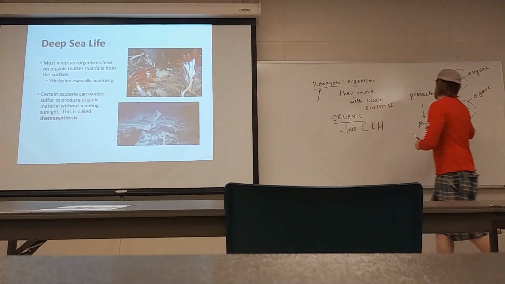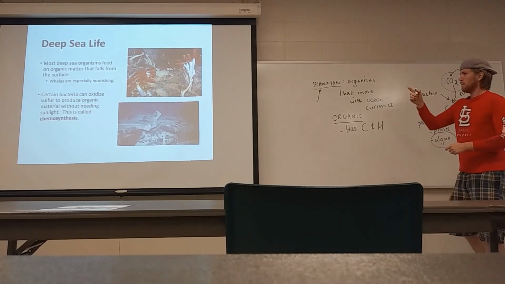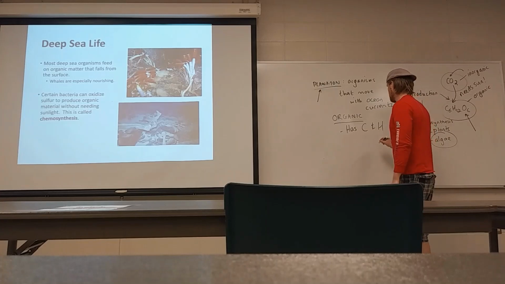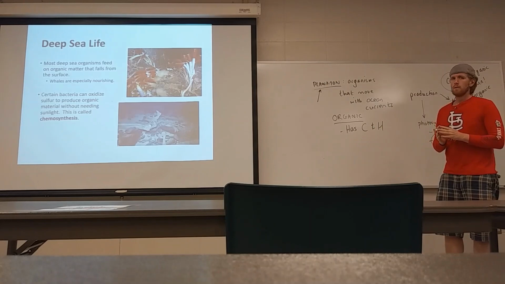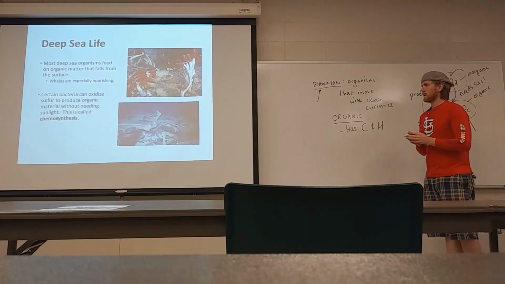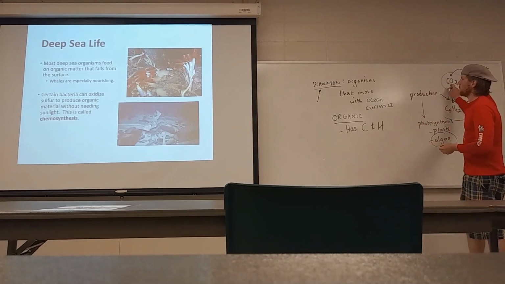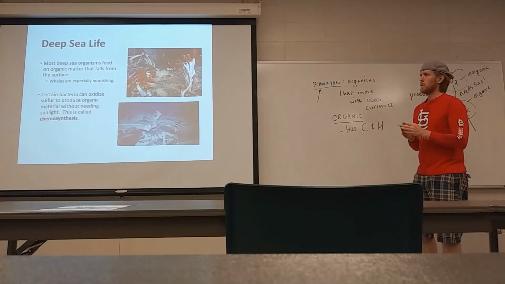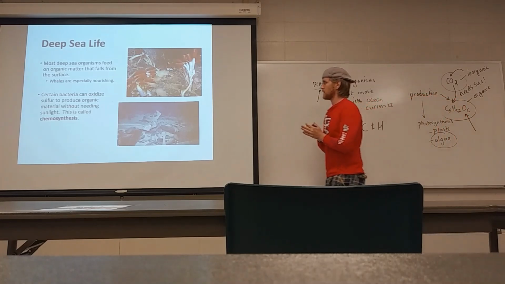So photosynthesis, going from CO2 to sugars, needs the sun's energy. But what these bacteria can do is take a sulfuric compound spewing out from these vents at the bottom of the ocean, and convert inorganic material, and I believe it's still CO2, by the way. They can convert inorganic carbon into sugars, basically, into organic stuff.